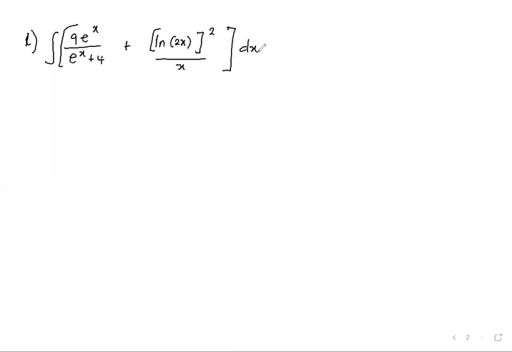So how do you do that integral? You look at the first piece there, because I know we can separate this. Say this is the integral of 9e to the power x over e^x plus 4 dx, plus the integral of ln 2x to the power 2 over x dx.